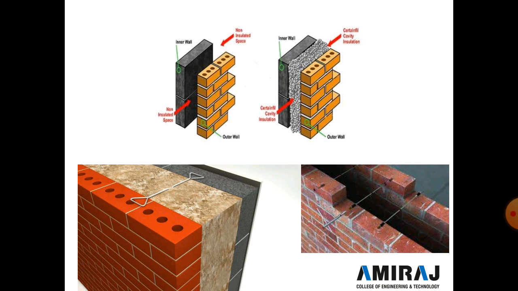This gap is called the cavity. This cavity's minimum dimension is 4 centimeter, and the maximum gap between the inner and outer wall is 10 centimeter. Not more than 10 centimeter is accepted in a cavity wall.